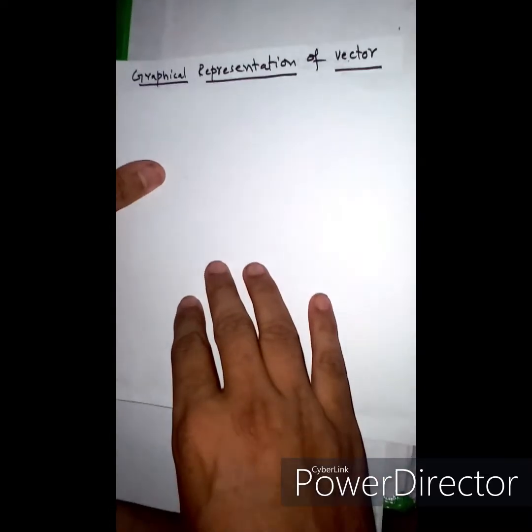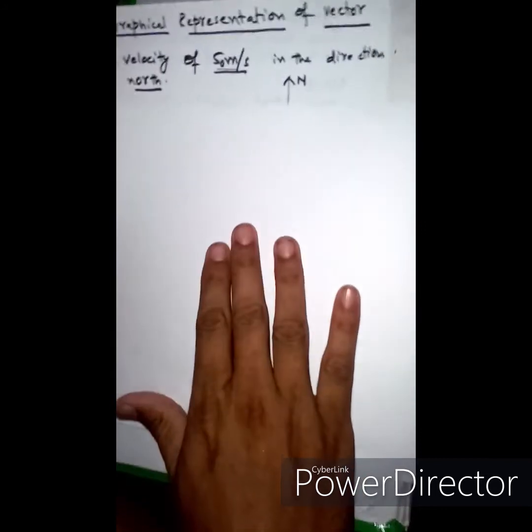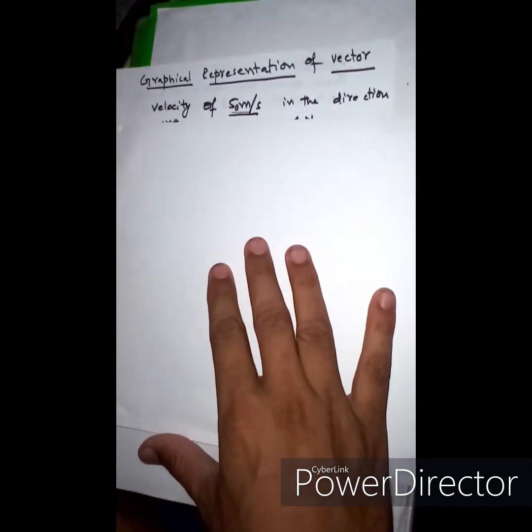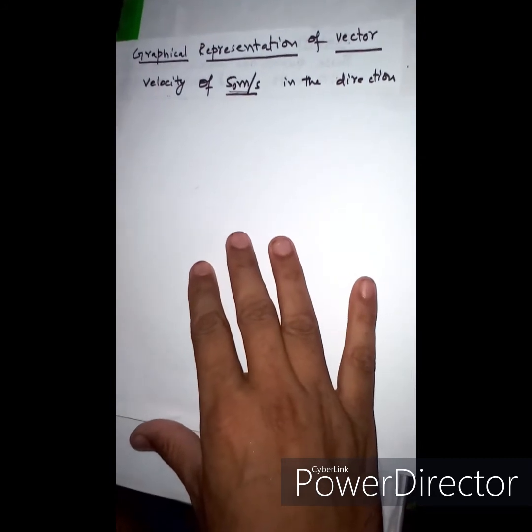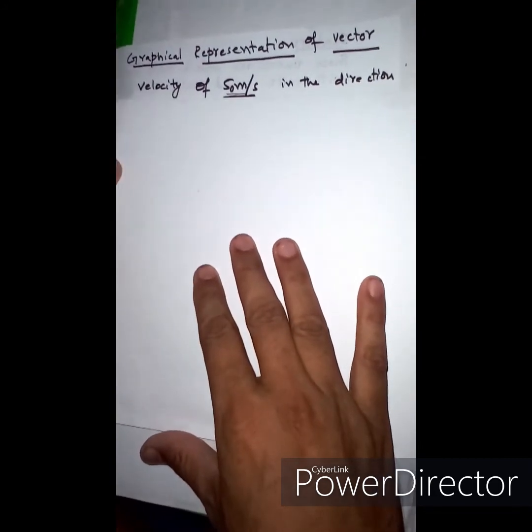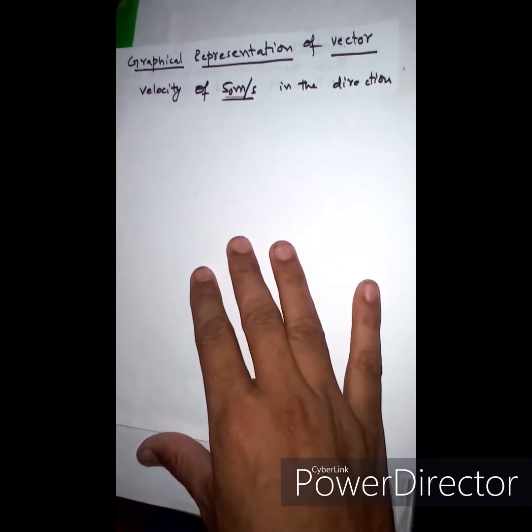Today we are going to discuss the graphical representation of a vector. Vectors are many, just like force, acceleration, velocity, displacement, momentum. There are so many vectors.